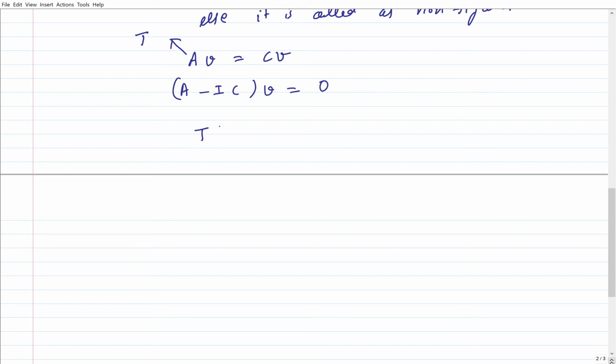The condition for eigenvectors was (T minus C I) applied to V equals 0, and if I had the matrix A of the linear transformation, then I got this equal to 0.